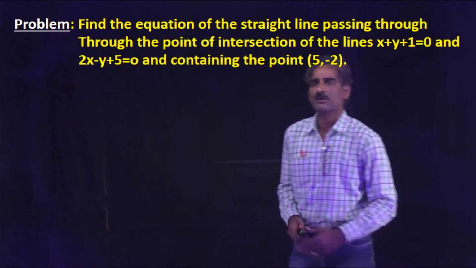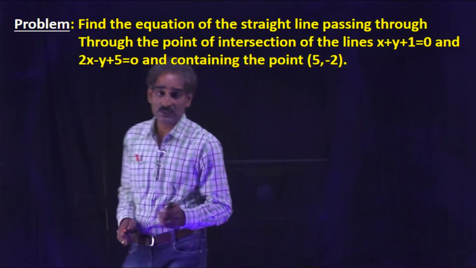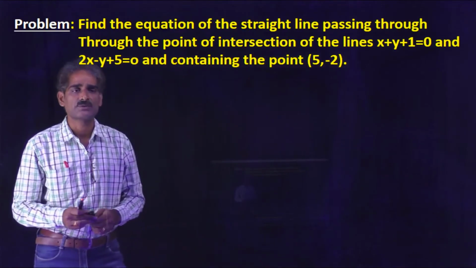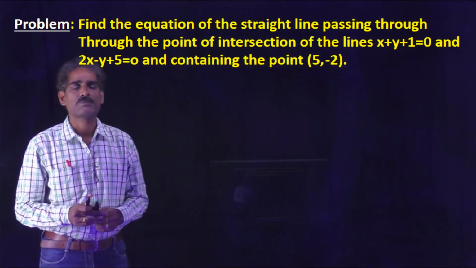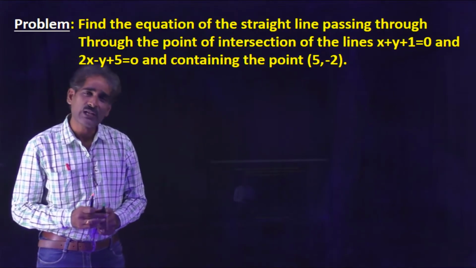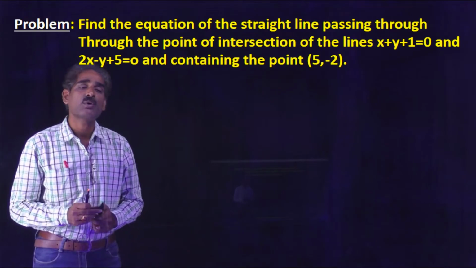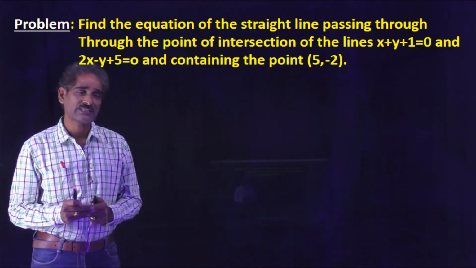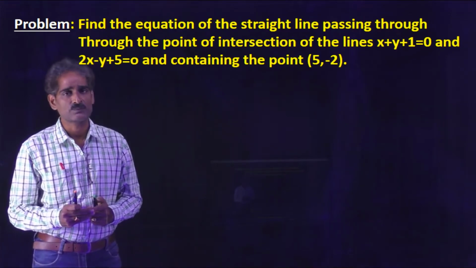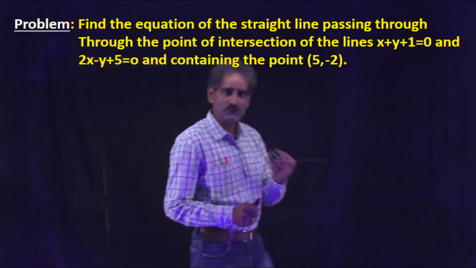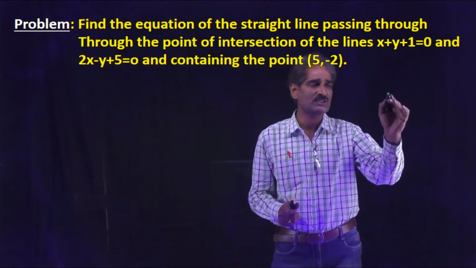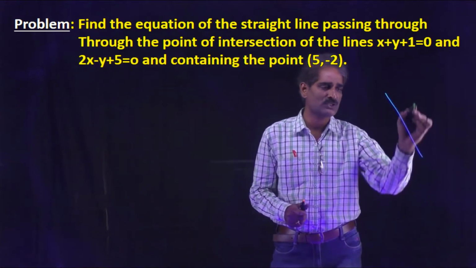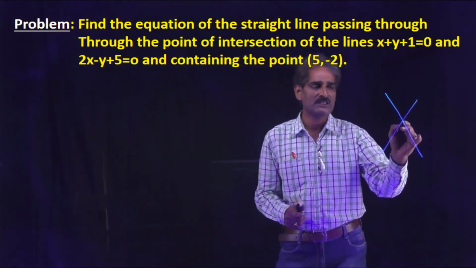See this problem. Before going to the next concept, try to do this problem. Find the equation of the line passing through the point of intersection of the two lines and containing the point 5 comma minus 2. Suppose these are the positions of the given two lines, intersecting at this point.